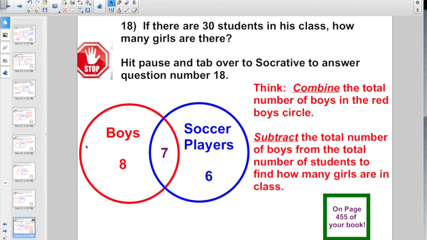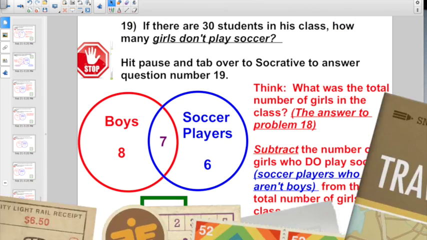Because if the class has 30 kids and there's this many boys, anybody who's left would be a girl, right? Hit pause, tab over to Socrative to answer question 18.